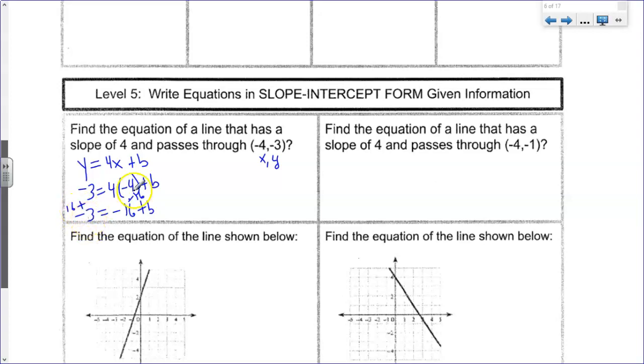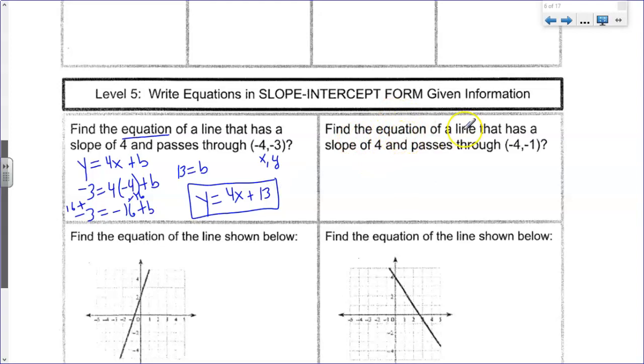So 16 plus negative 3 gives me 13, and that's going to equal my b. Now, was the whole goal of this problem to solve for b? No, we want to find the equation. So y equals 4x from the slope plus 13.